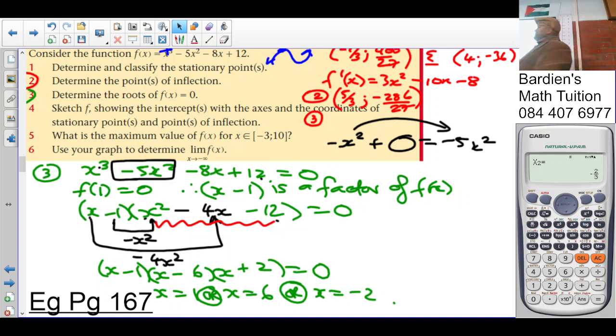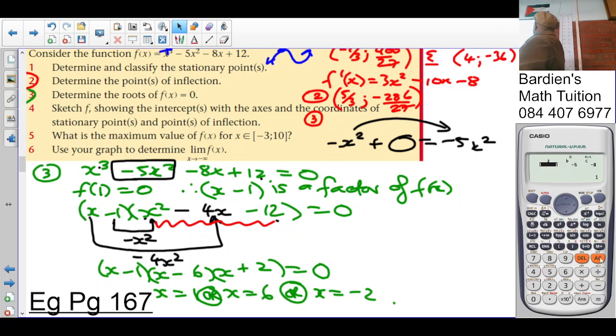For those of you who have the silver calculator, you do it as follows. Press mode. Guys, did I show you to do this already? Yes? The cubic function. Mode 5, 4. The coefficient of x cubed is 1, of x squared is negative 5, of x is negative 8, and the constant, the d value, is 12.